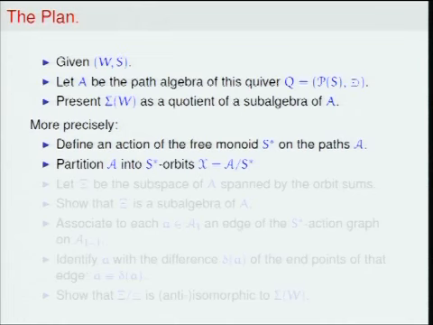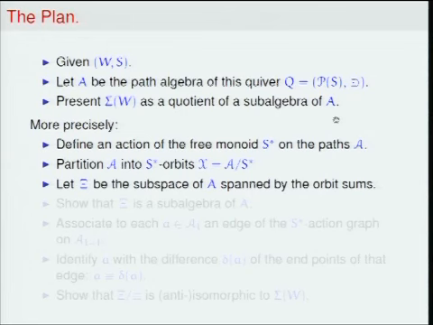Call the set of orbits curly X. And then look at psi, the subspace spanned by the orbit sums. This is very similar to the construction of the descent algebra as a subalgebra of the group algebra along the sums over the descent classes, the class sums of descent classes.